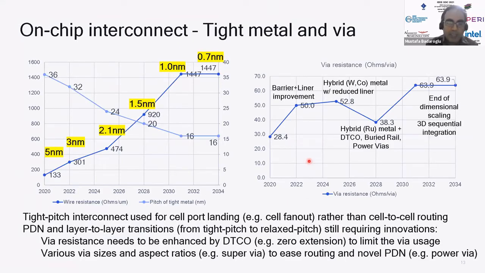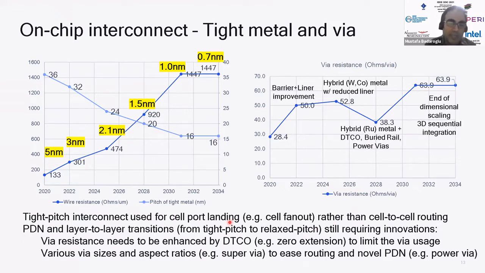So one of the biggest issues for the pitch scaling is in fact the interconnect resistance and power distribution problem. Usually the tight pitch interconnect has been accommodated pretty well, especially since these interconnects are not really used for routing, but mostly used for the standard cell port landing.